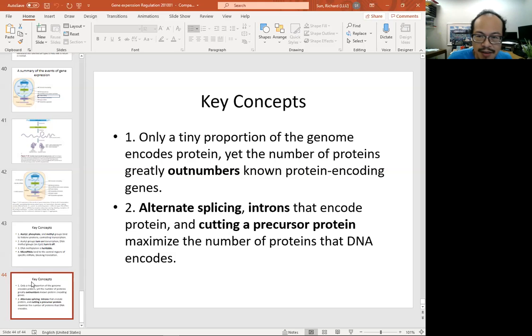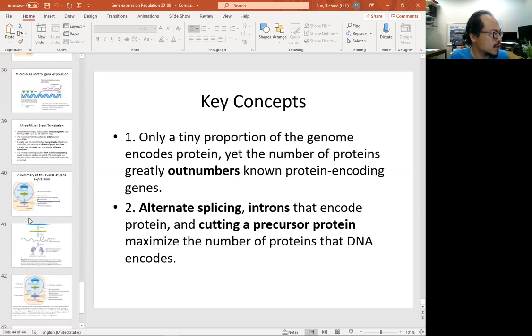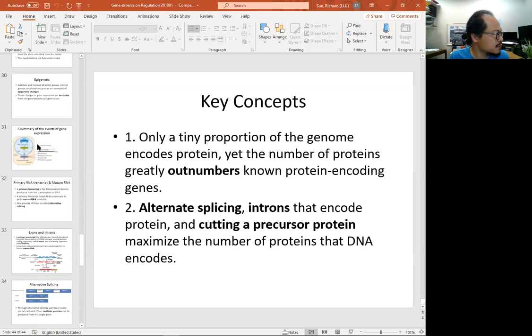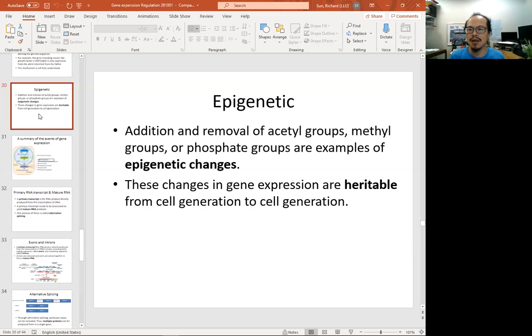But we can influence how we express it. These are epigenetic, the term that you commonly hear from the news or from the media, referring to all these modifications, especially the chromatin modification, histone modification, DNA modification, that is influenced by the environment.